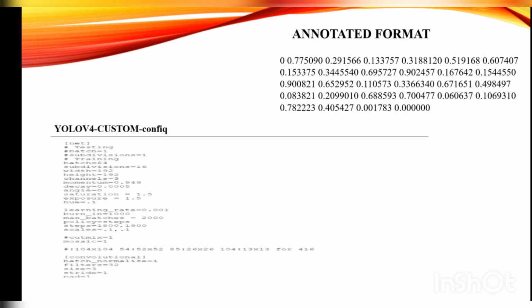So this is an annotated format. There is a series of numbers. These numbers represent the x, y coordinates of the fire located, and the rows determine the number of fires in a single image.